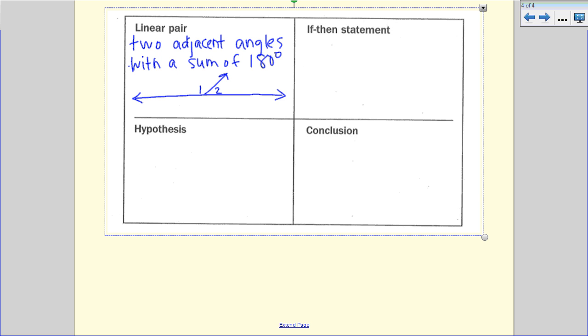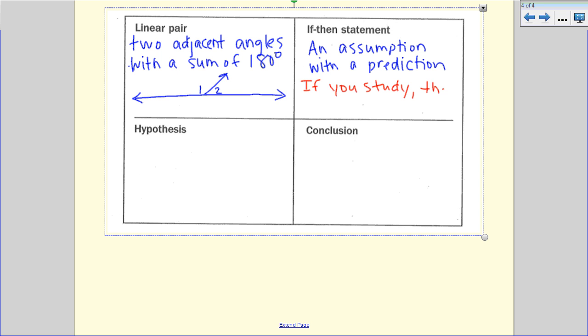If-then statement is just an assumption with a prediction. Okay? So if you study, then you get better grades.